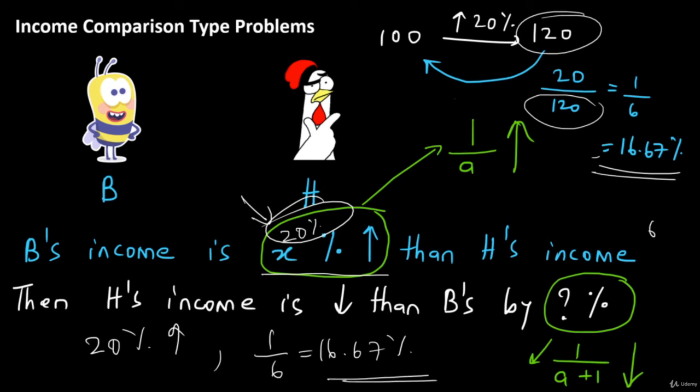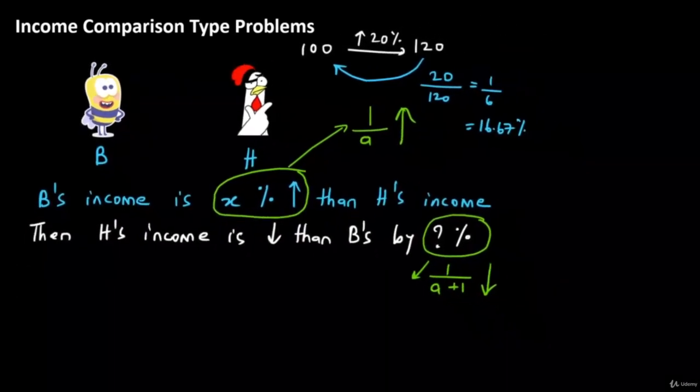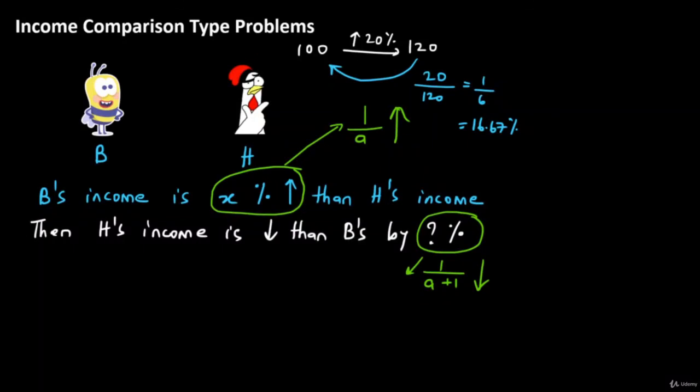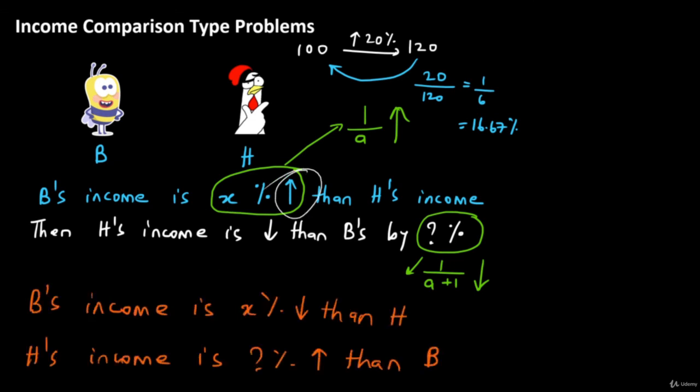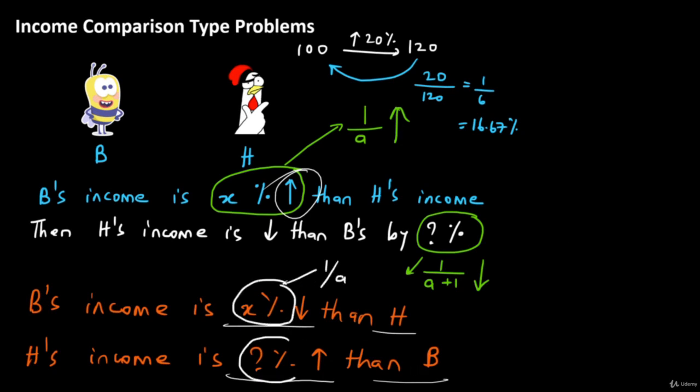All right, now let me keep this aside. Now just for a complete understanding, the same is applicable in the case where you start with a decrease. Over here we started with an increase. You could also start with a decrease. B's income is x percentage lesser than h. H's income is how much percentage more than b. The same would apply over here. If this is 1 by a, then this would be 1 by a minus 1.